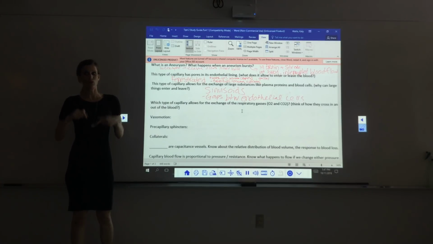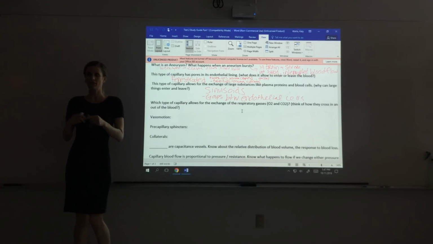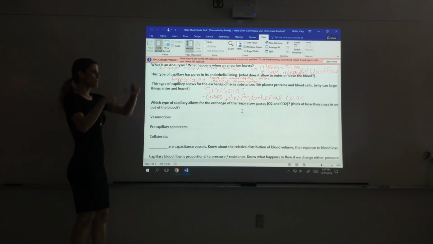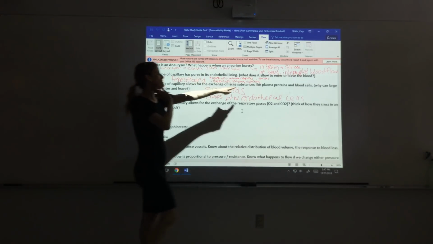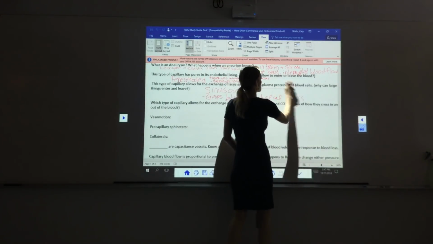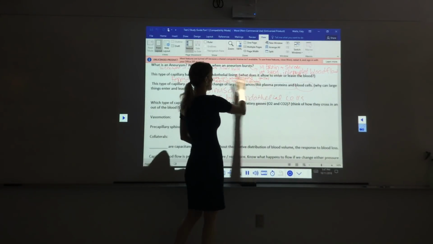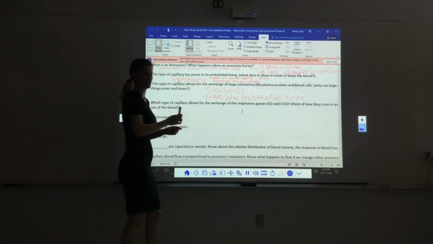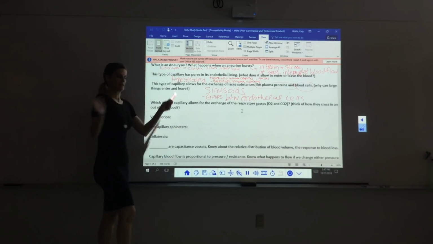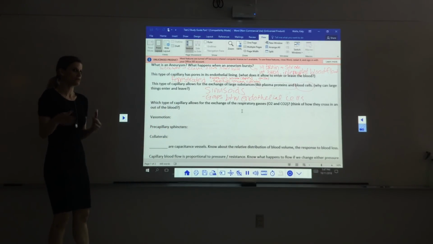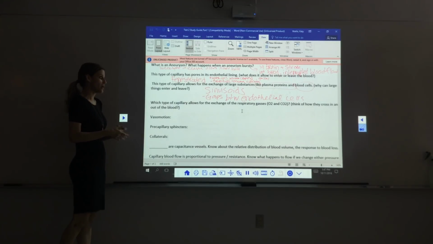So they allow really big things to enter and leave the bloodstream. Okay, some of our biggest hormones, but then also things like plasma proteins and blood cells. Okay, plasma proteins and blood cells cannot make it through these normal fenestrated capillaries. Definitely not continuous capillaries that we have everywhere else, but the sinusoids, they can.